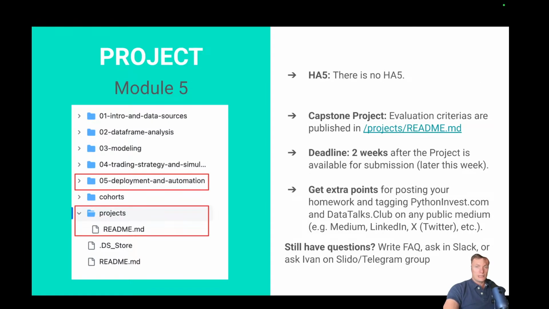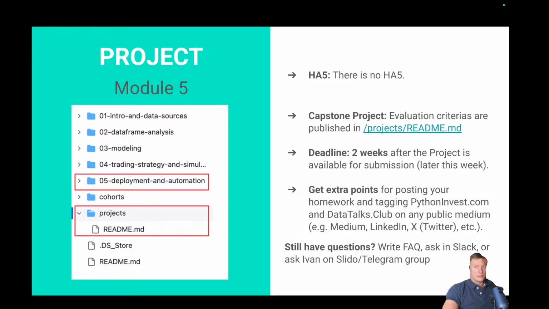The final slide for today, there is no homework, home assignment number 5. Your goal is to start working on the Capstone project. So the evaluation criteria are published. The deadline will be shared soon, hopefully tomorrow. It will be 2 weeks of development and 1 week for peer review.